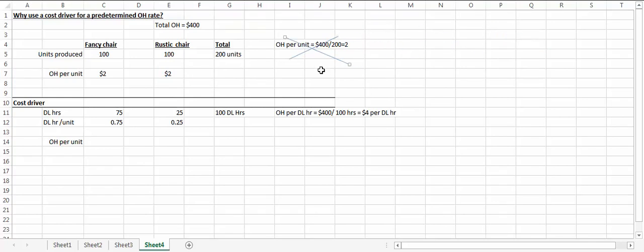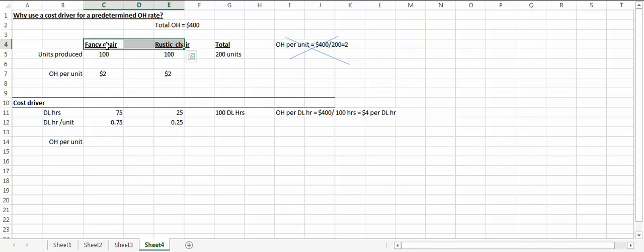And I'm just going to exit out to emphasize this. Instead, we go in there and say, okay, maybe we can use a cost driver to better allocate overhead. There are many different cost drivers we could use, but I'm going to choose direct labor hours as our cost driver, given that it is one of the attributes that distinguishes the fancy and the rustic chair.